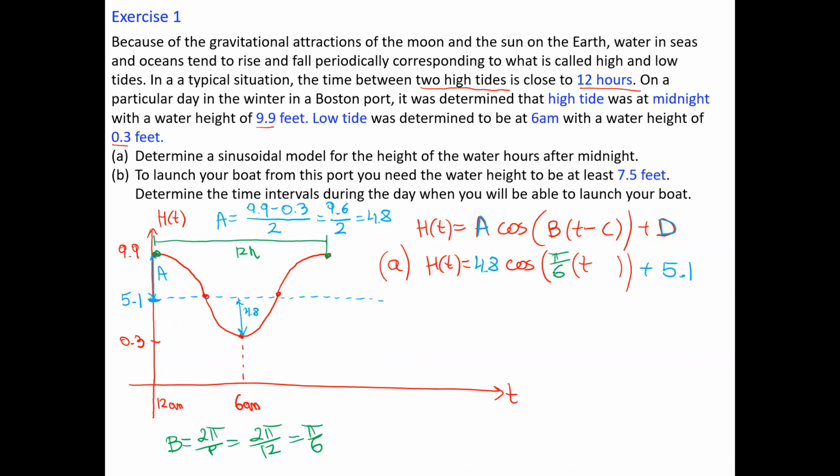Okay, sometimes I always like to do this, I can use this color, because we know that between the maximum and the midline and the minimum, and again the midline and the maximum, the time intervals along the t, the x-axis, are always a quarter of the period. A quarter of 12 hours is 3 hours. So let's see if we are correct.